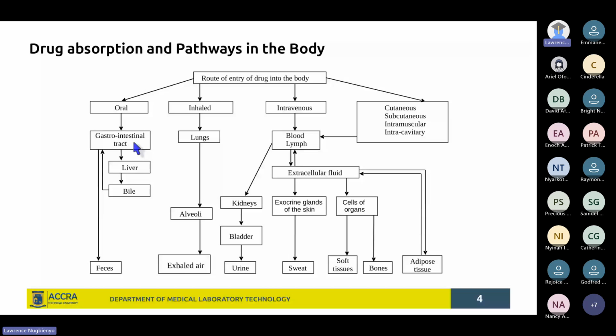And from the digestive system, you have the drug getting absorbed in the small intestines. Just like the way when you take in food, the food gets digested, and when it gets to the small intestines, you have these nutrients being absorbed through the villi into the bloodstream. Same thing you are seeing here, that you have in the gastrointestinal tract. You have the drug which is taken in orally, getting absorbed in the small intestines into the bloodstream.